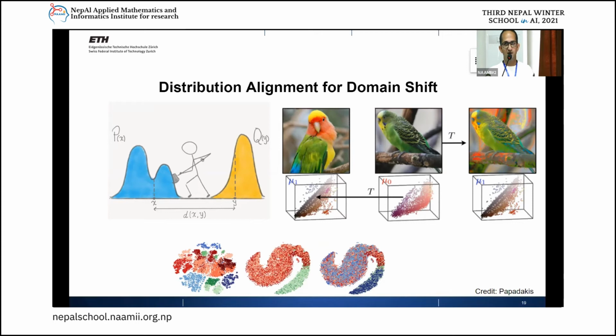Therefore, these distribution differences are bound to happen. And unfortunately, you cannot really have one model that works across all the distributions. But there is hope that you can take a model that works on one distribution and have it work decently well on other distributions too, even if it hasn't been trained on them. And that somehow can be done using adversarial training.